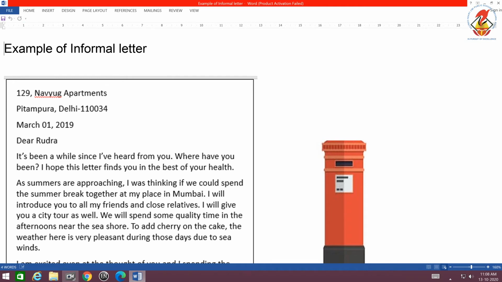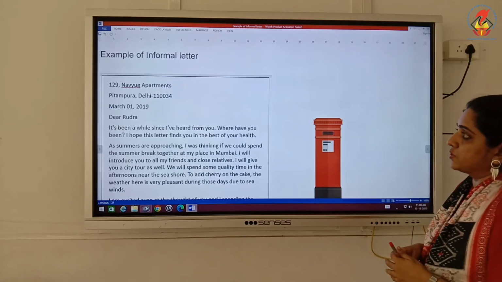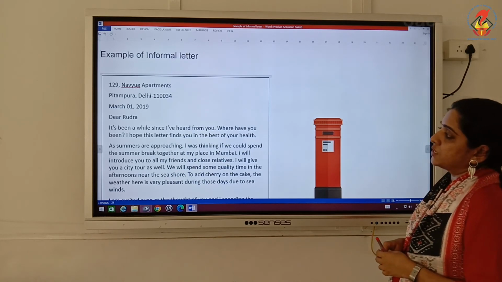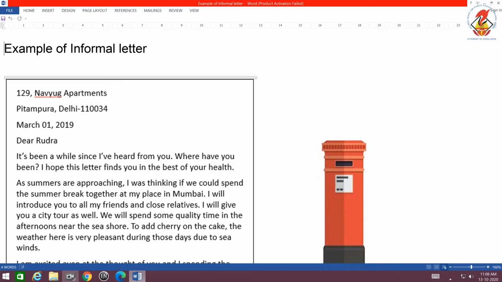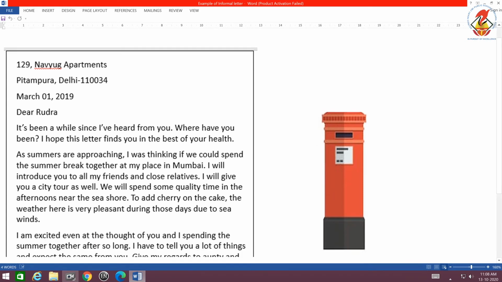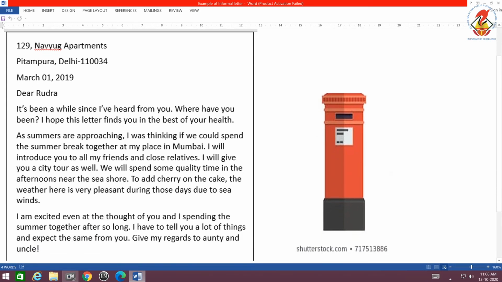That is the address of the writer. Then the date, March 1, 2019. Otherwise you can write it the other way also, 1st March 2019. That would also be correct. Salutation, Dear Rudra. And let's see what the letter is about.